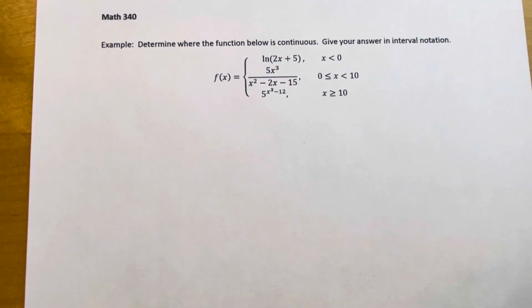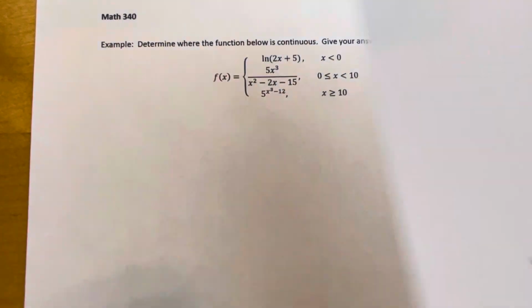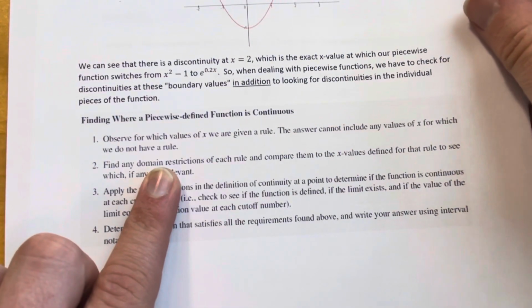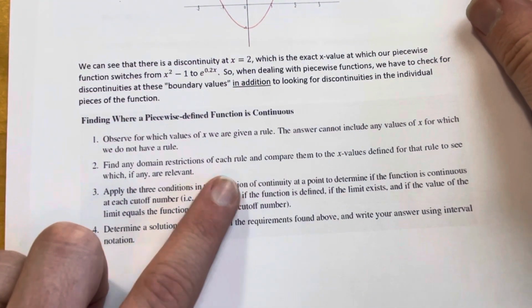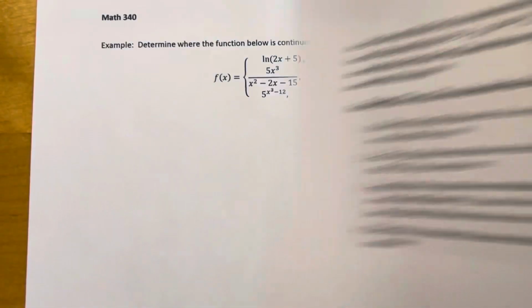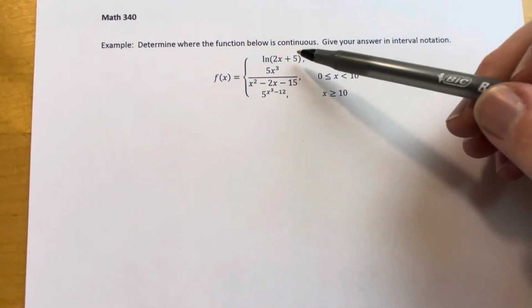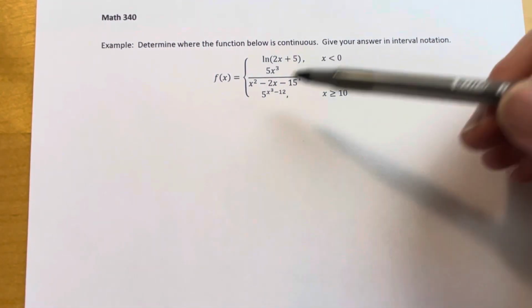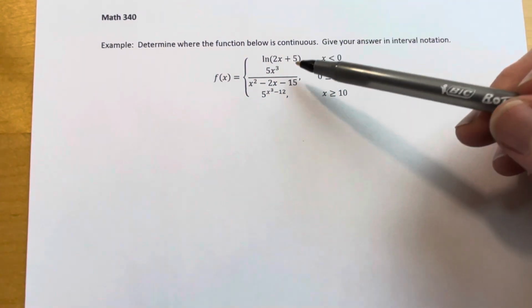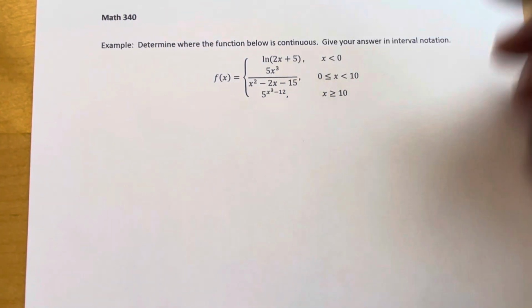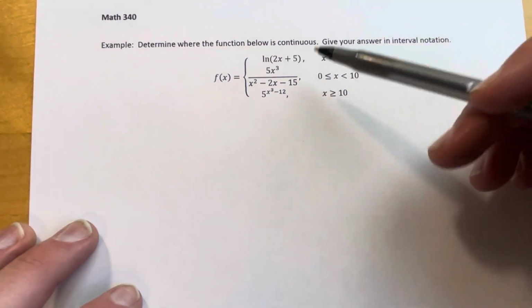Okay? Going back to that page, what was our second step? Find any domain restrictions of each rule and compare them to the x values defined to see if they're relevant. So these are the rules, 1, 2, 3, these 3 functions here. I want to investigate each one and see if there are any values of x for which stuff is not defined. Let's start with the natural log of 2x plus 5, okay?